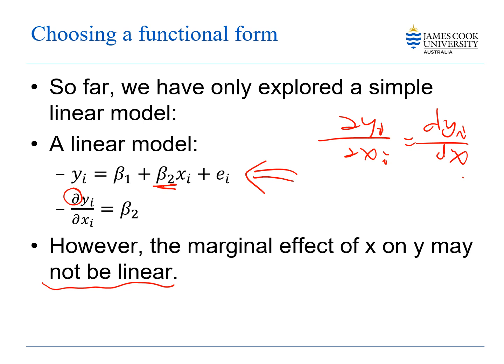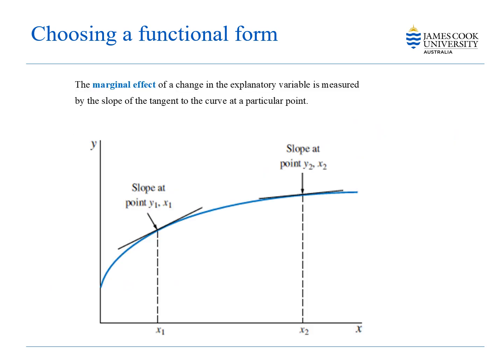For example, let's look at this. The vertical axis is y, horizontal is x, and this blue curve captures the functional relationship between x and y. So y as a function of x.